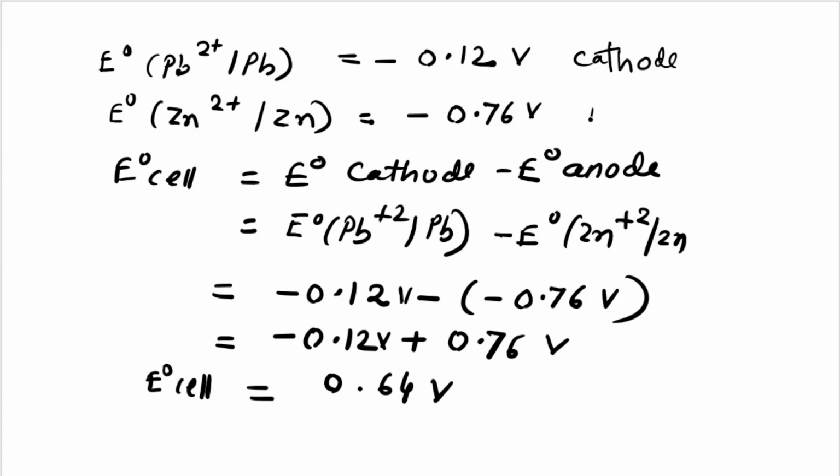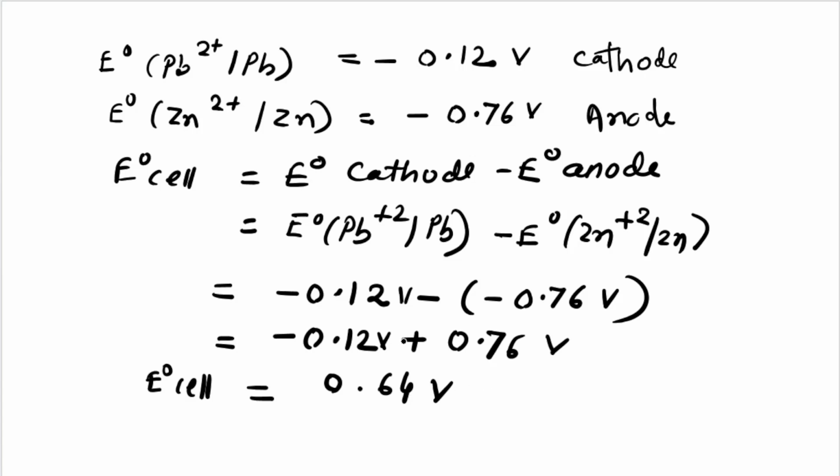So you know, subtract higher value minus lower value. Higher value means cathode, lower value means anode. Electrode potential of cathode, that is the lead electrode, the value is given. Similarly the zinc value is given. So when you subtract anode from cathode, you will get 0.64 voltage, that is a positive one.